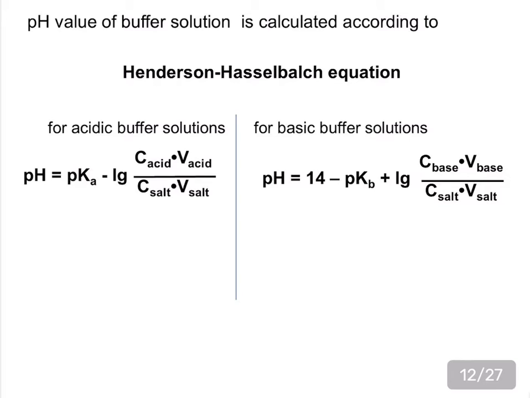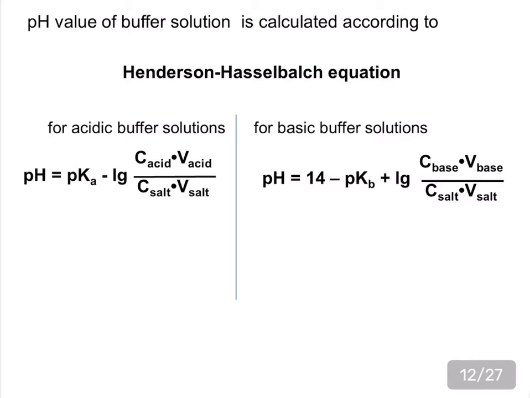So pK is the index of acidity, and pKb is the index of basicity.